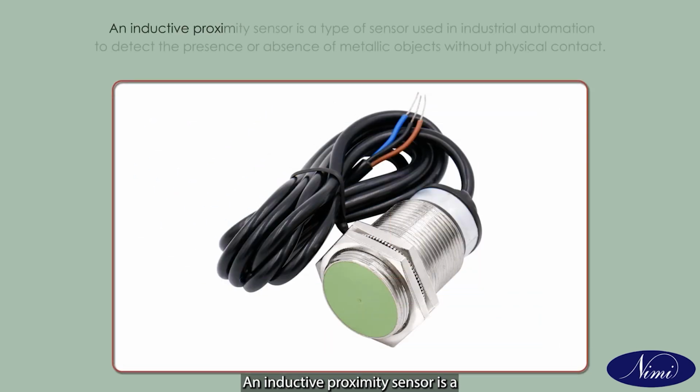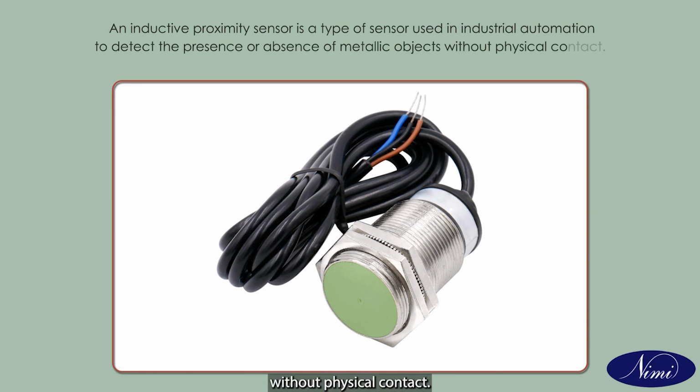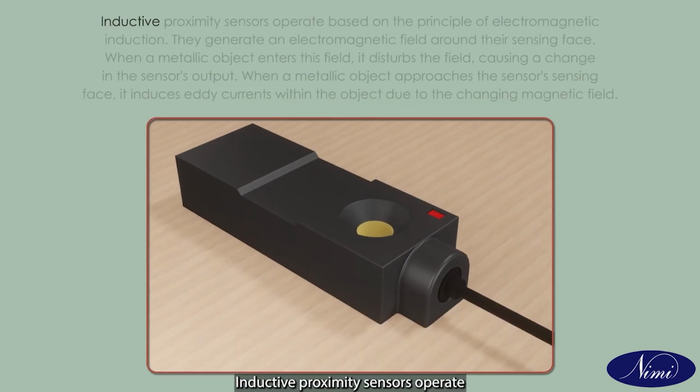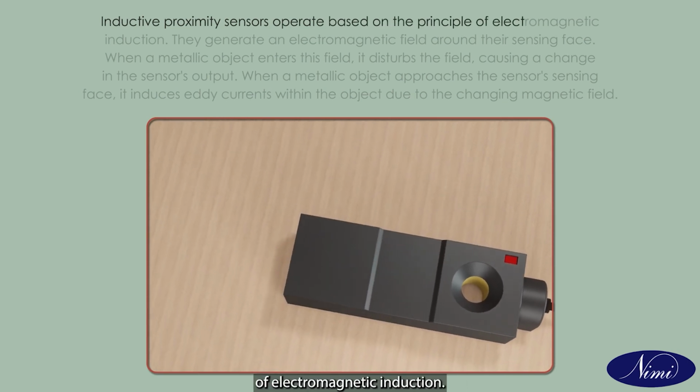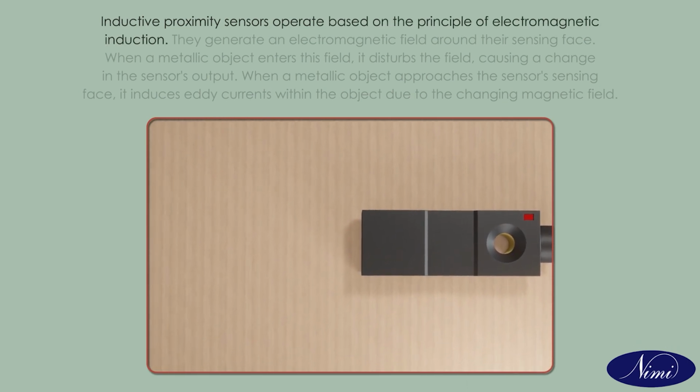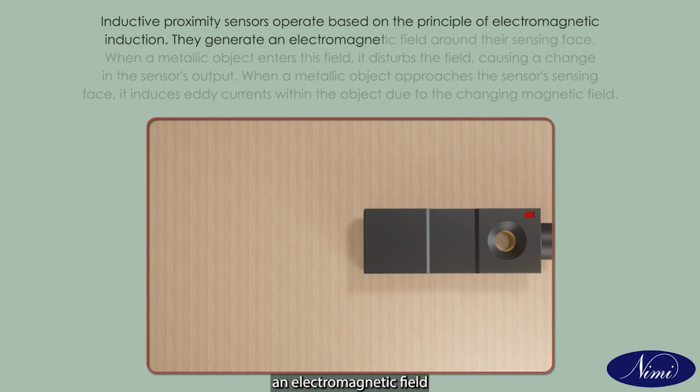An inductive proximity sensor is a type of sensor used in industrial automation to detect the presence or absence of metallic objects without physical contact. Inductive proximity sensors operate based on the principle of electromagnetic induction. They generate an electromagnetic field around their sensing face.